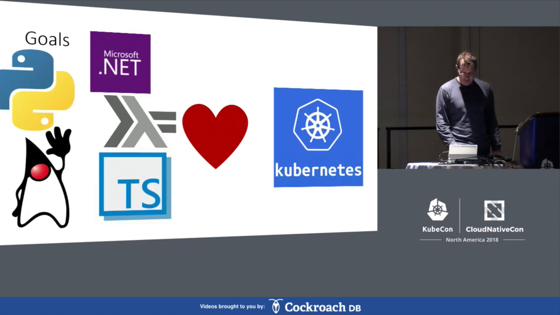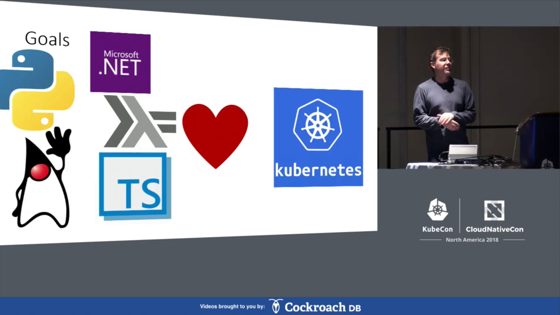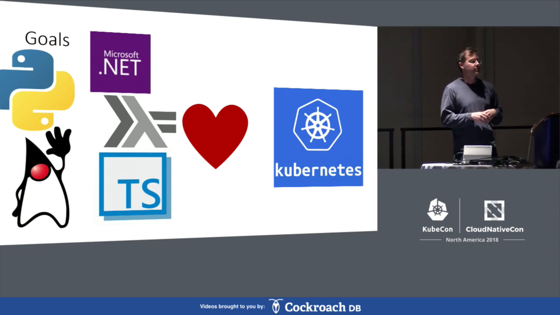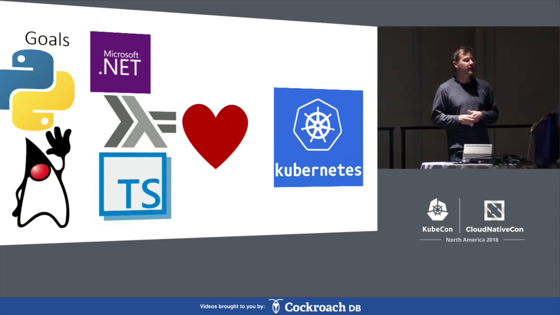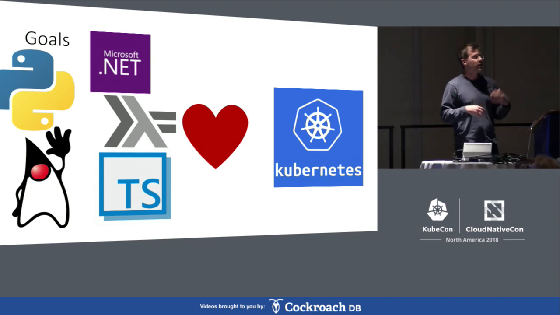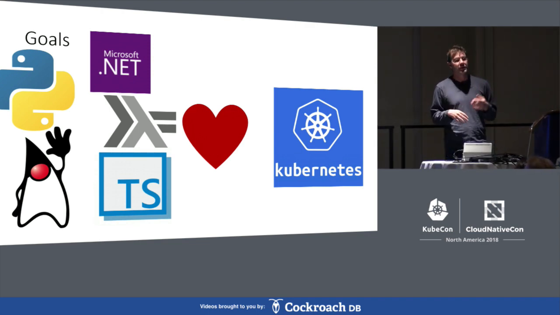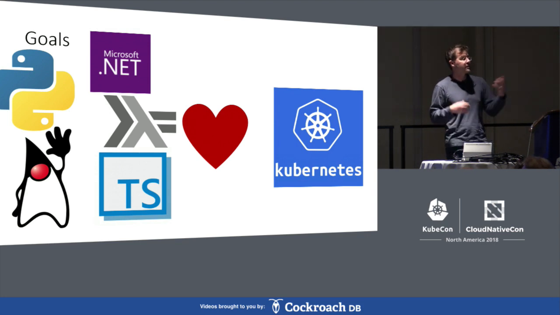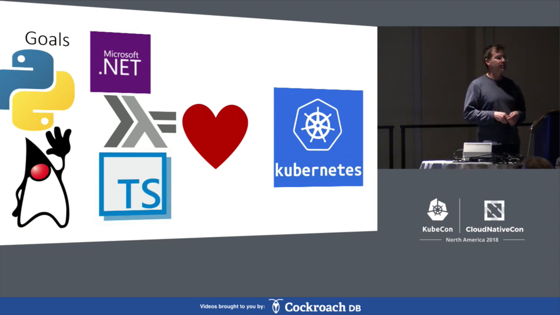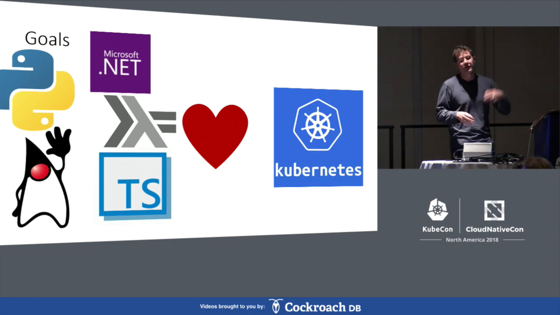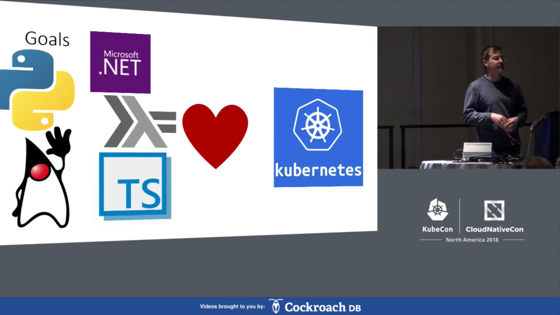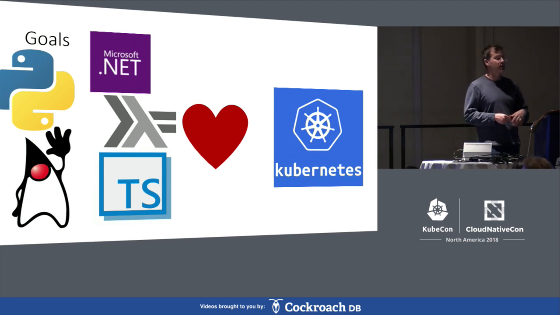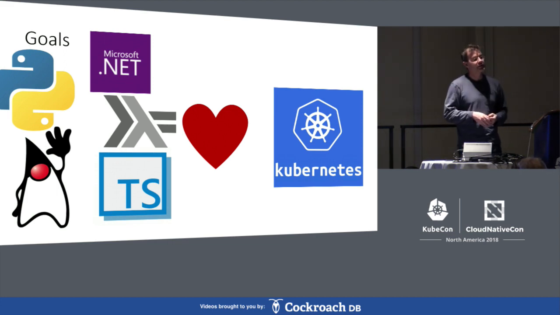So I wanted to start first with our goals. The real idea behind this part of the project was that as Kubernetes has gained in popularity, there are more and more people who want to be able to interact with the API in a specific programming language. Either this is because of familiarity or existing code, or because of integration with a larger project. Tools like Jenkins are written in Java, so having a Java client makes sense.